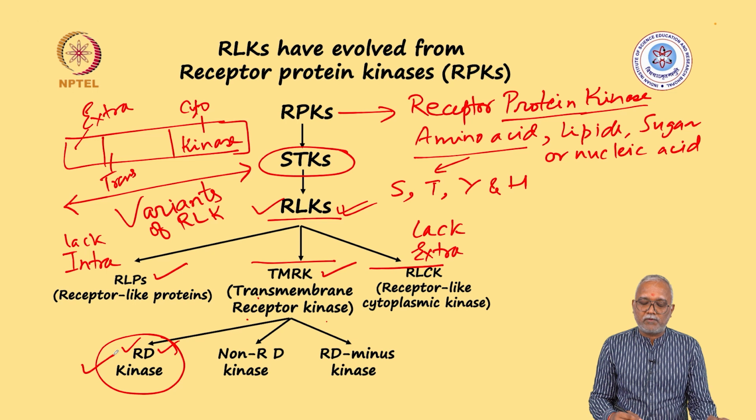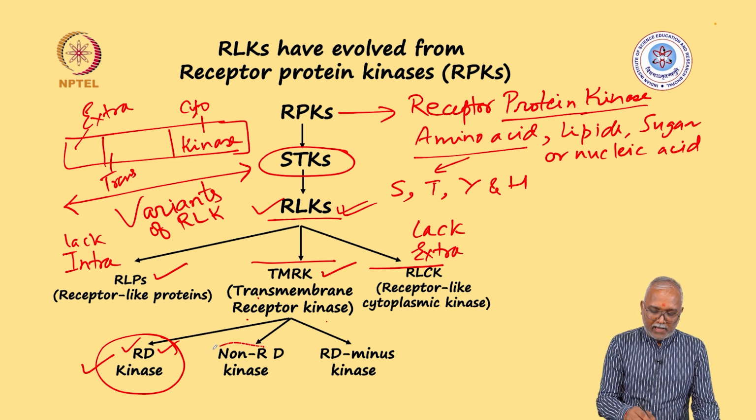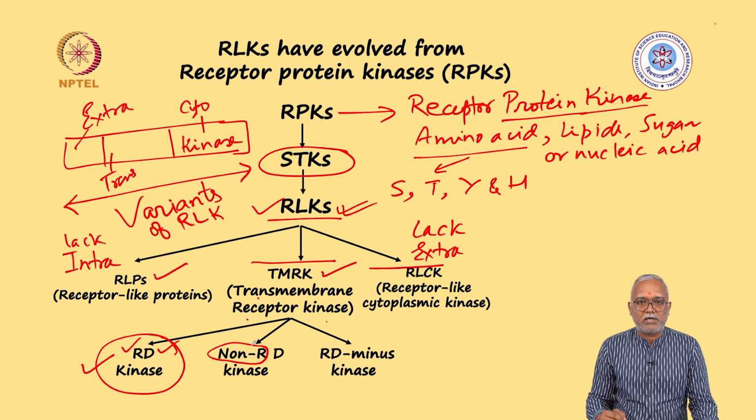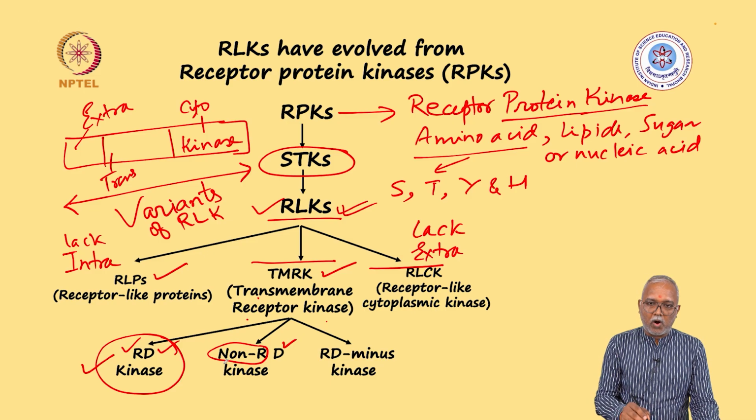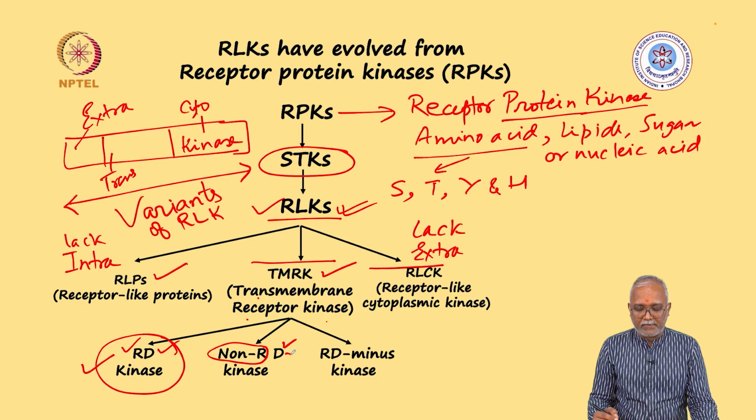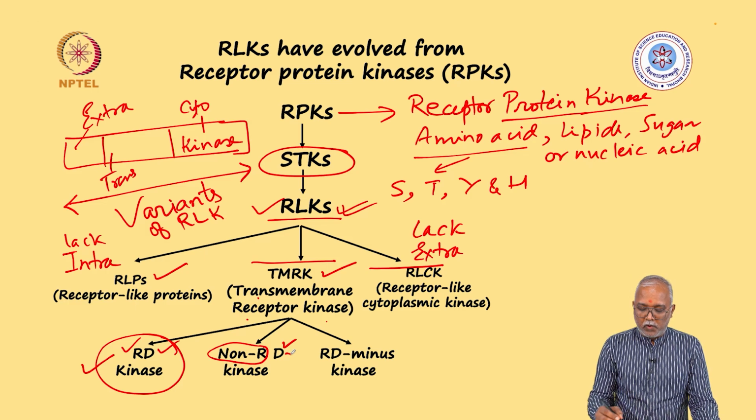There are variants of this where arginine is absent, non-R, meaning some other residue is present, and the aspartate residue is found there. Such kinases are called non-RD kinases. Then there are examples of these TMRKs where both conserved residues are missing, which makes them RD minus kinases.